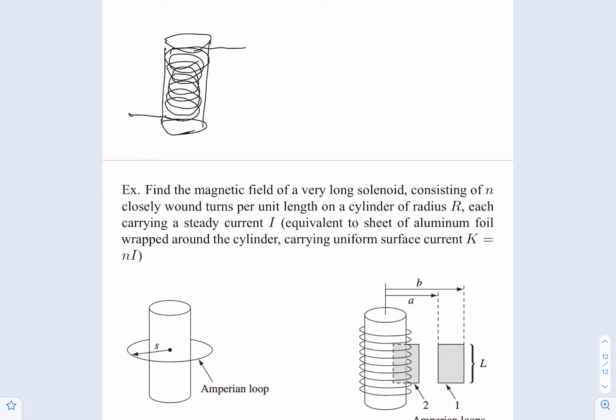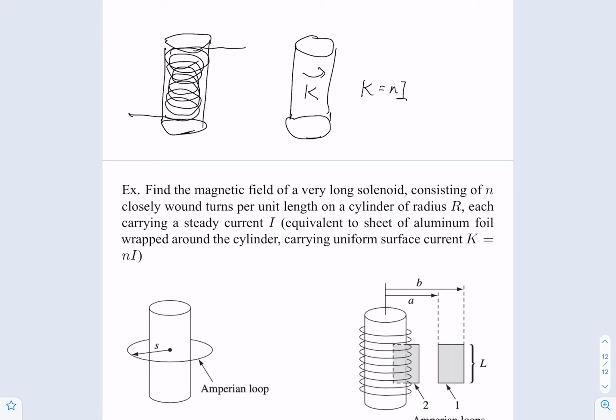In principle there is a current going upwards, but it is much less than the current going along the circumferential direction. So for simplicity, we can simply replace that by a surface current K, where this K equals N times I, where this N is the number of wraps around the solenoid per unit length.